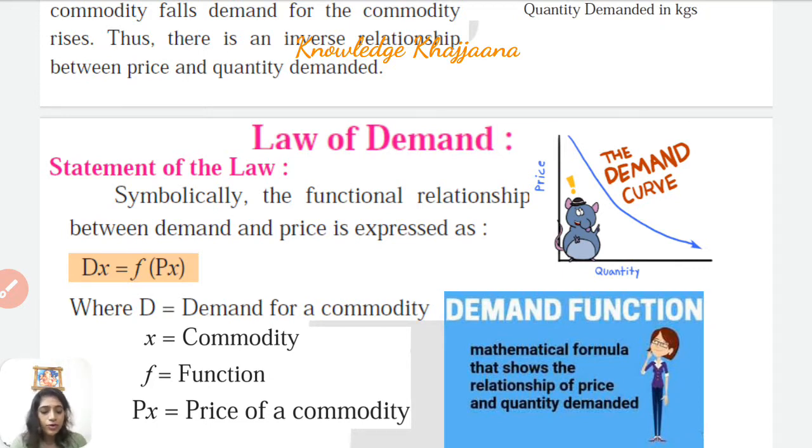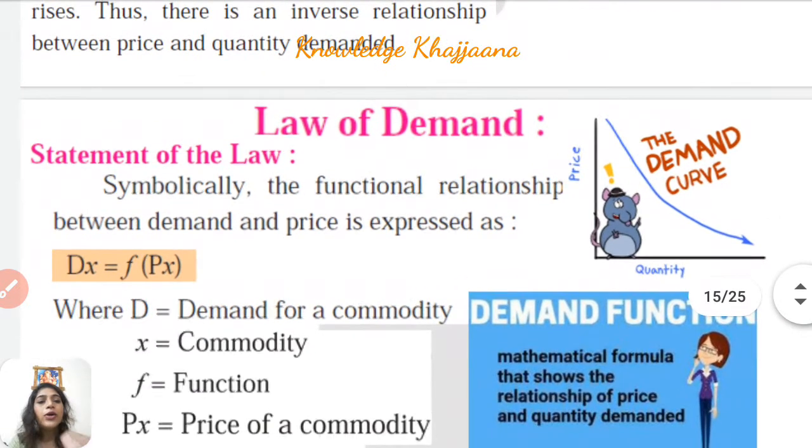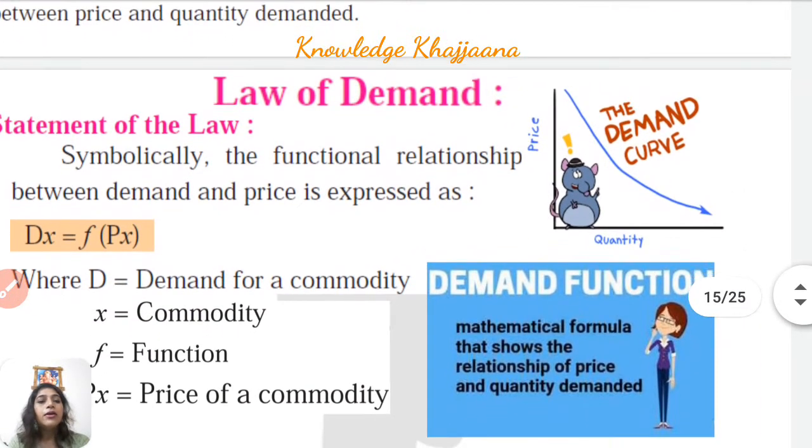In simple terms, the demand of any commodity is a function of the price of that specific commodity. Demand for a specific commodity is a function of its price. See, what does this mean, and how is it written? What is meant by function?